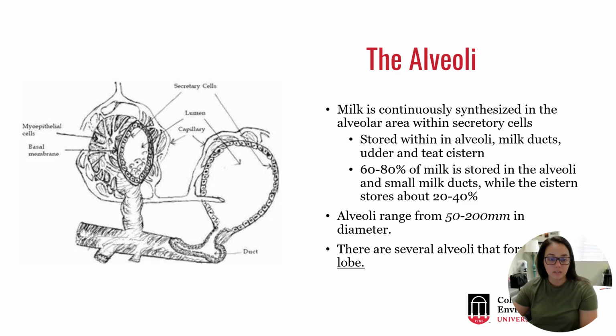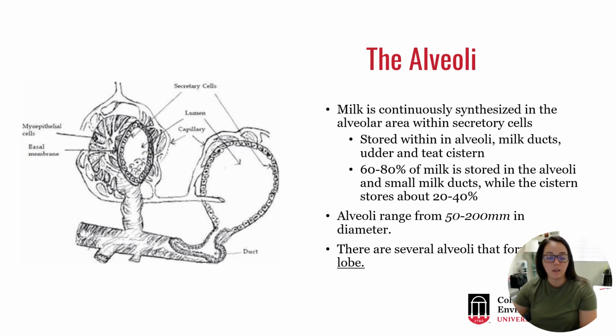Those are the secretory cells, and so that is what is going to actually secrete that milk within the alveoli. That big wide open space is called the lumen. So when they talk about where milk is actually stored, it is stored within the alveoli, but it's actually stored within the lumen that's within the alveoli.